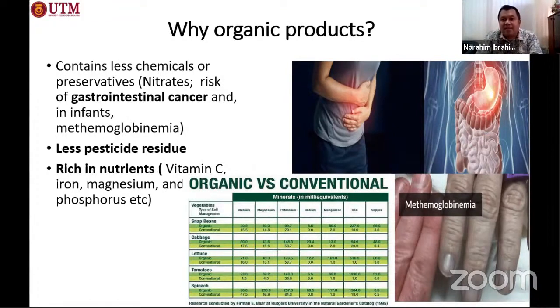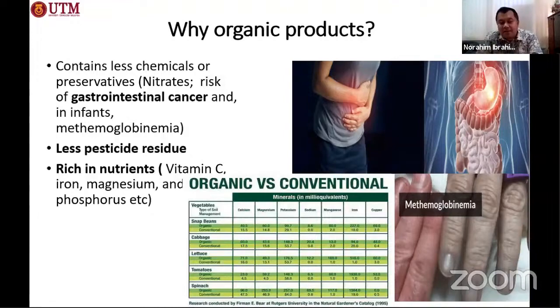Yeah, you are risking yourself to a lot of cancer, especially one of the most famous cancer is gastrointestinal cancer, cancer perut. It is because our bodies cannot digest too much nitrates, and finally they get accumulated dalam badan kita lah.